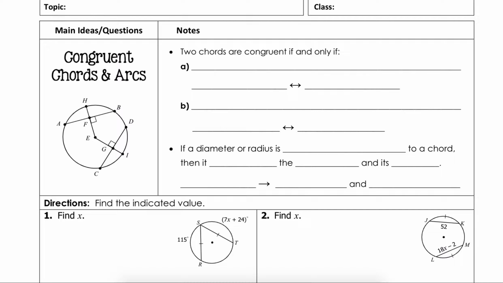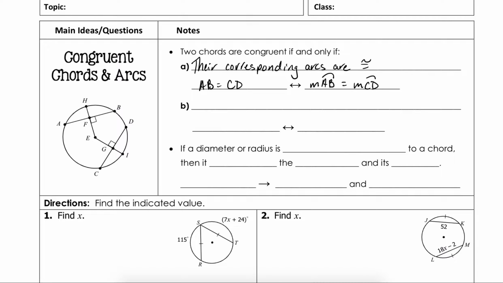Okay, so let's use some theorems. Two chords are congruent if and only if their corresponding arcs are congruent. Okay, so for an example here, chord AB is equal to chord CD if and only if the measure of arc AB is equal to the measure of arc CD.